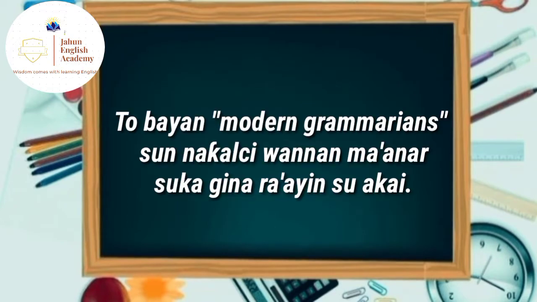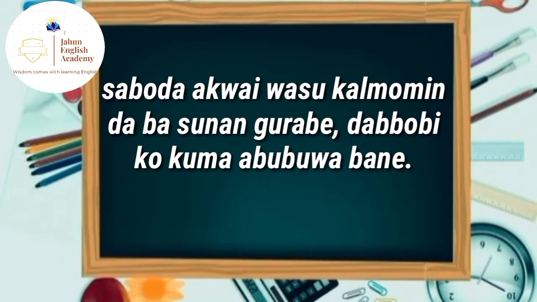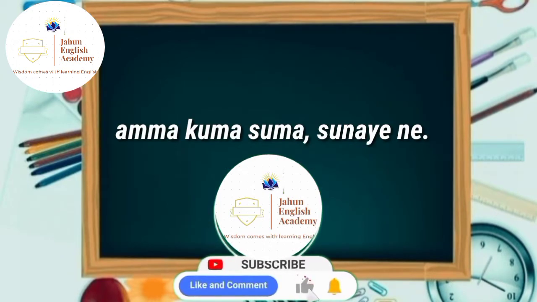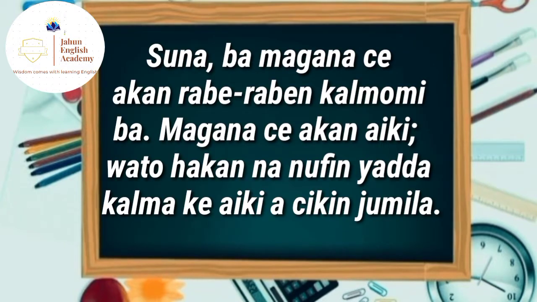When modern grammarians looked at this definition, they said it is correct but incomplete, because there are certain words which are not names of a place, animal, or thing, but those words are also nouns. To correct the errors made by traditional grammarians, they said a noun is not a matter of classification or form.